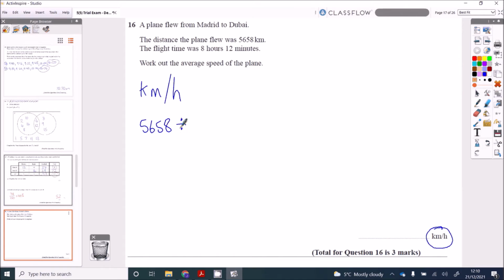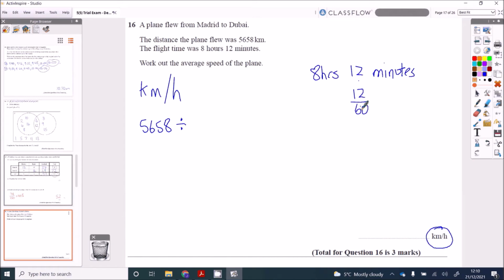Now be careful. 8 hours 12 minutes is not 8.12 because there are 60 minutes in an hour. So 8 hours 12 minutes. Now what fraction of an hour is 12 minutes? Well, it's 12 out of 60.